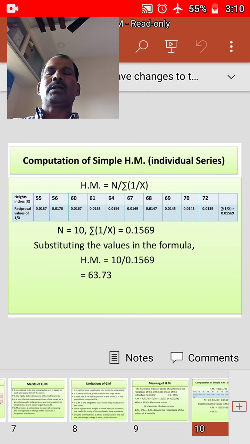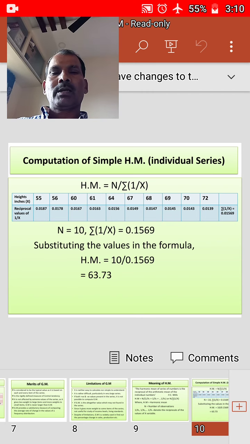Now we got n is equal to 10, from the data given, the number of items.